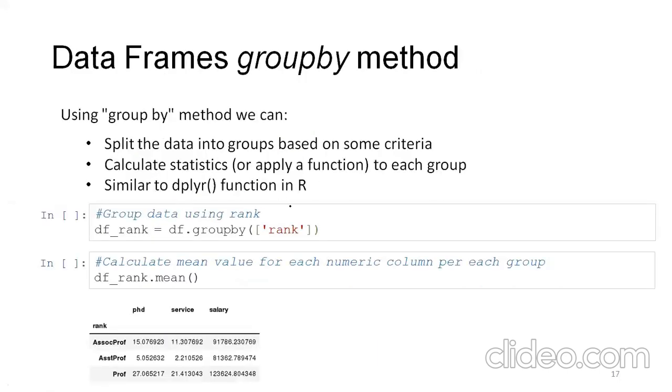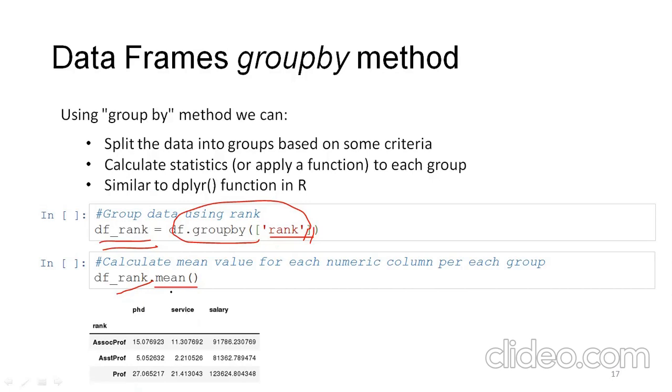Next, the groupby method. We can group the records based on some column field, for example rank. Here we are grouping the records based on rank, which means associate, assistant professor, professor. The result will be captured in this object, df_rank, and in turn I am applying mean to that object. First the 143 records will be grouped based on rank: first associate, then assistant, then the set of professors.